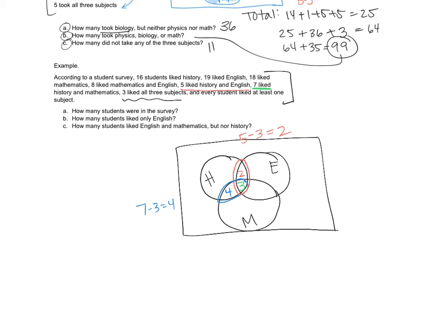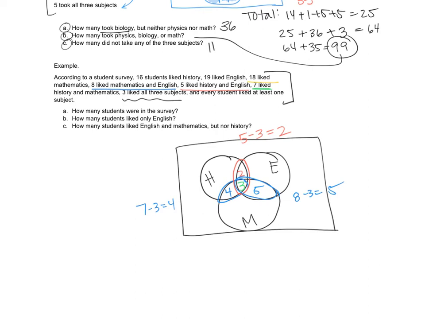Next, it says that there are 8 people that like math and English. So math and English is going to be that little section, and that needs to total 8. So 8 minus 3 equals 5, so there would be 5 people in there. Then it says that there are 18 people that like math.